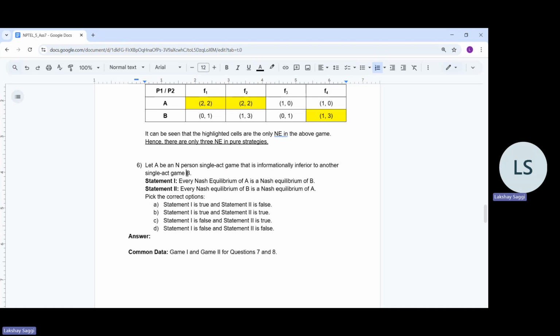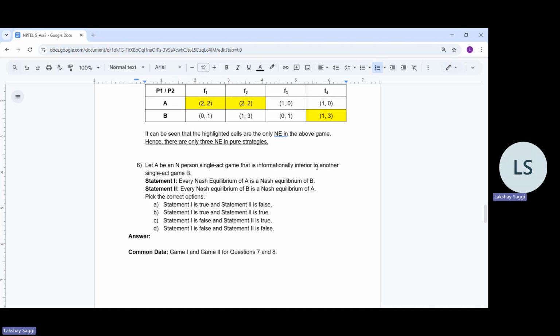But you could have simulated that new better strategy profile in the informationally inferior game itself by giving some constant strategies. So maybe I don't want to write this down, but this was the high level argument and the proof was also given. The strategies in an informationally superior game can be simulated as constant strategies in the informationally inferior game.